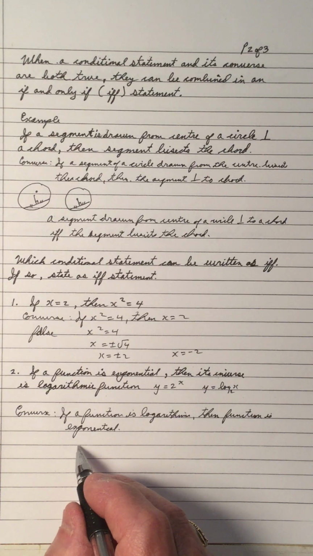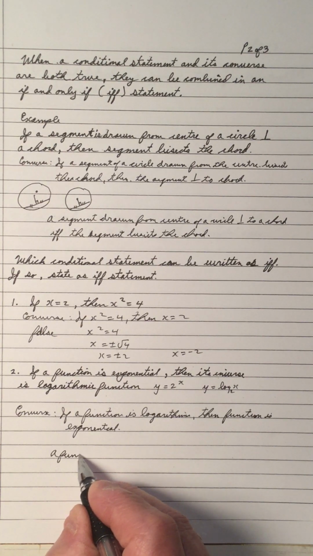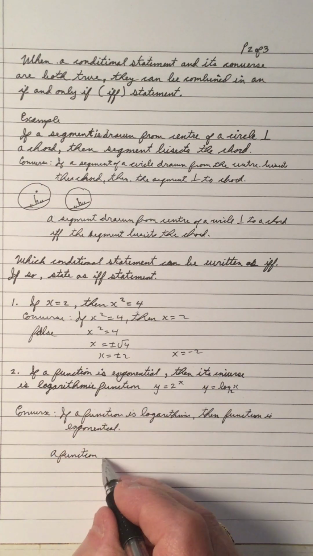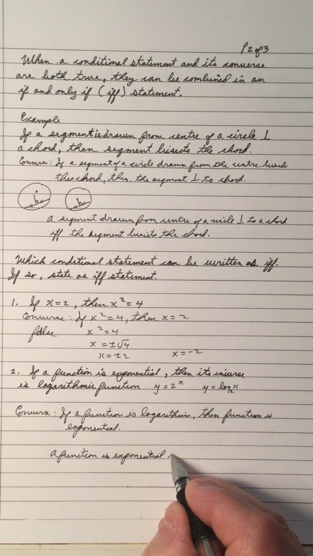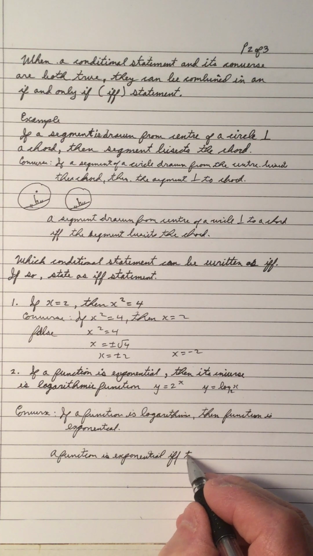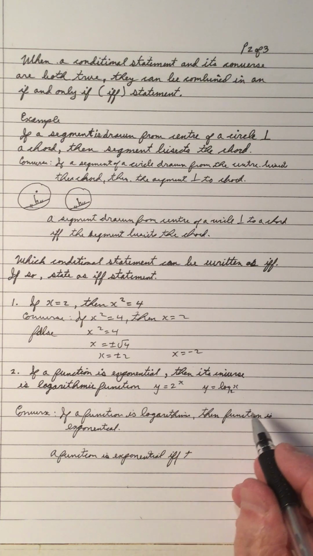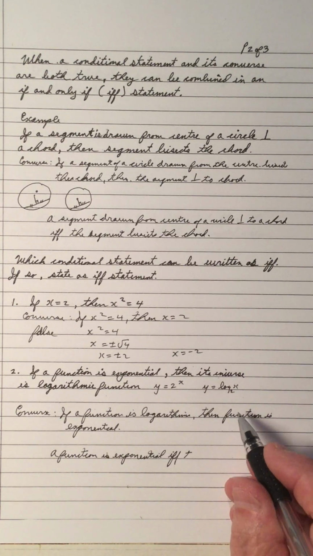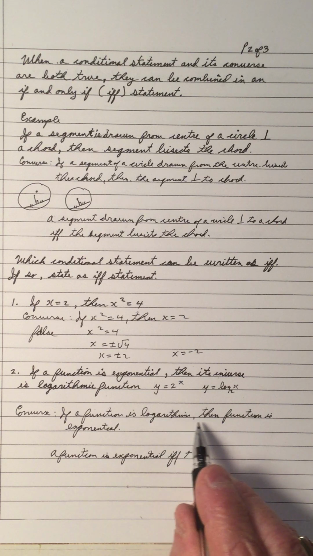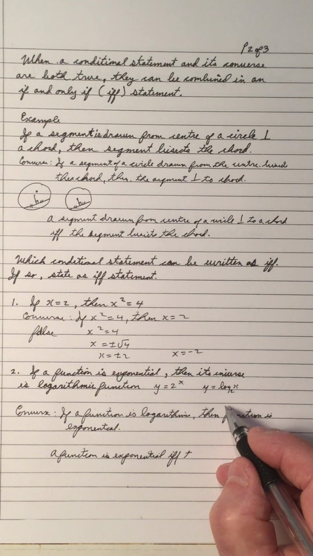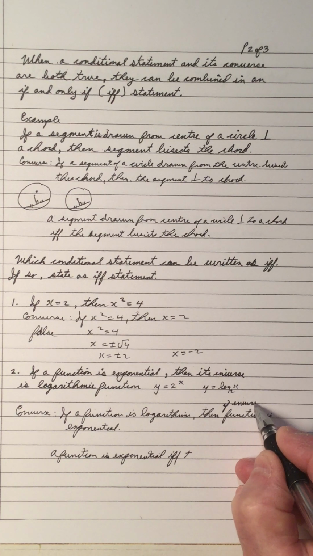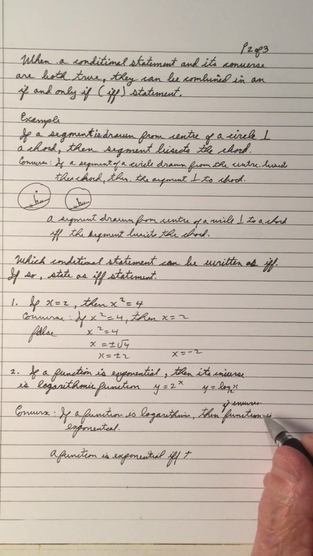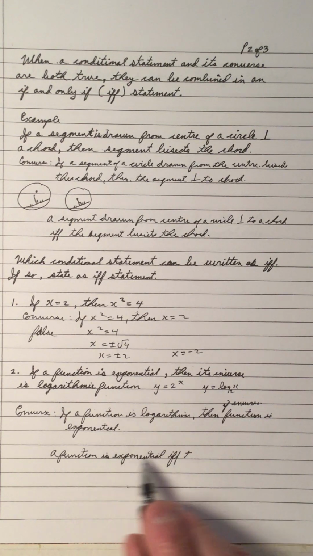So that means you can write out the statement: a function is exponential if and only if its inverse is a logarithmic function. I have to have inverse in there.